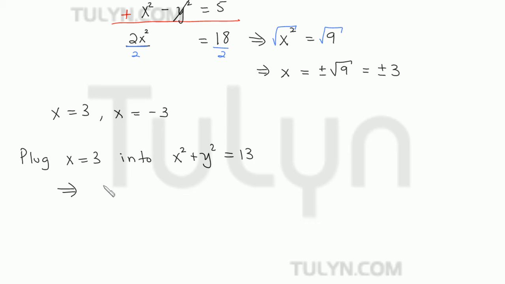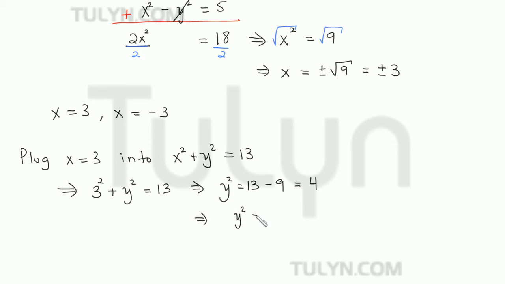So what we end up getting is 3 squared plus y squared is equal to 13, which means y squared is equal to 13 minus 9, right? I just subtracted 3 squared, which is 9, from both sides. And 13 minus 9 is equal to 4.